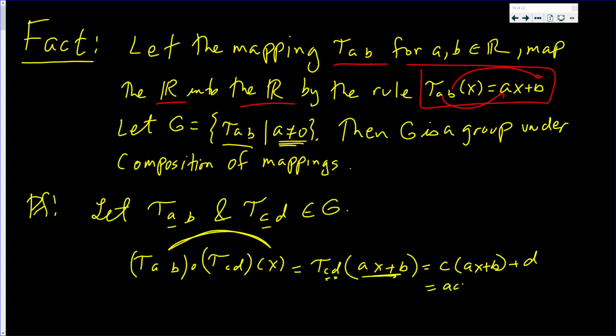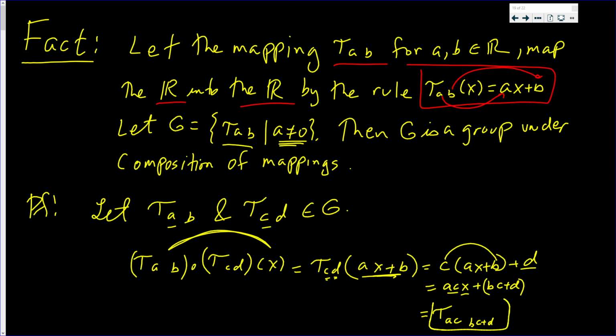Well, this is acx, a multiple of x, plus bc plus d. But that's just tau of the multiple of x and the constant.